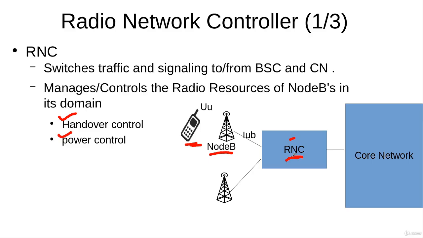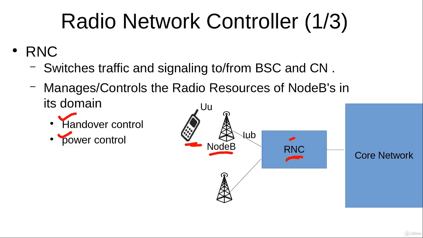So this radio network controller would then send the power control commands to the node B, and the node B would then send this power control command to the user equipment, and the user equipment would adjust its transmit power accordingly, not to interfere with other users that are there in its neighbors.